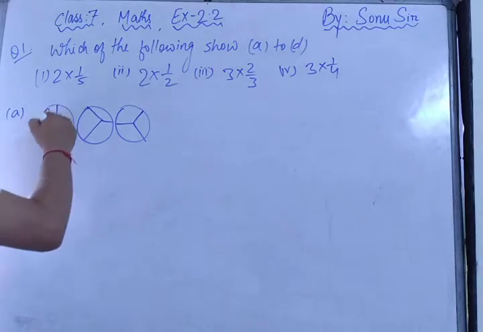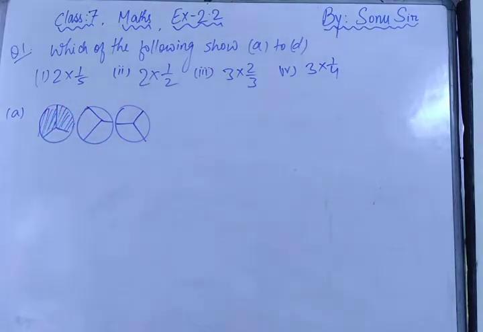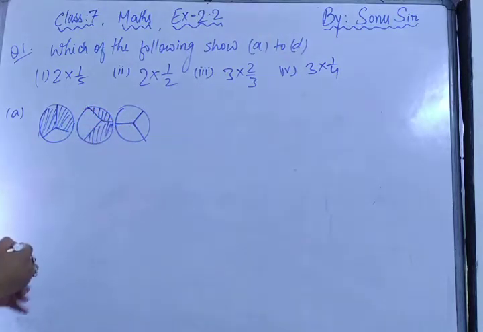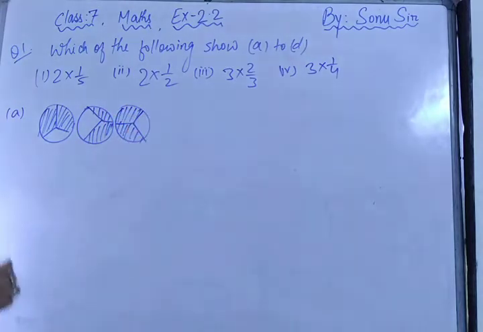In the first circle two parts are shadowed, in the second circle these 2 parts are shadowed, and in the third one these 2 parts are shadowed. Got it? This is your option A.